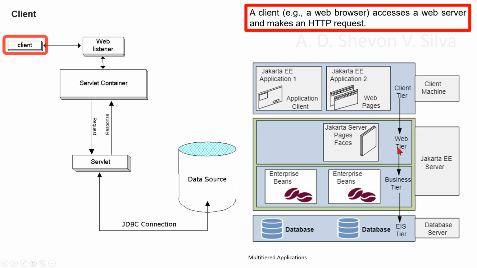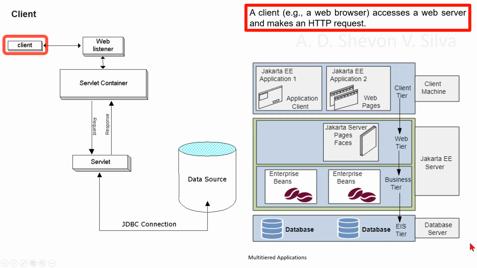Web tier components run on the Jakarta EE server. Business tier components run on the Jakarta EE server. Enterprise Information System (EIS) tier software runs on the EIS server.